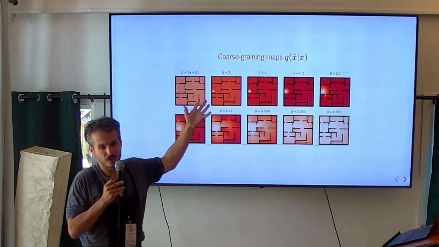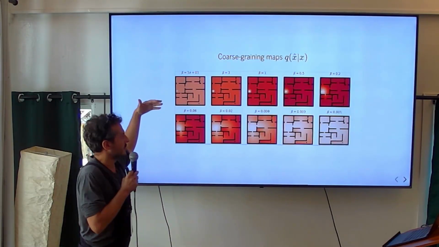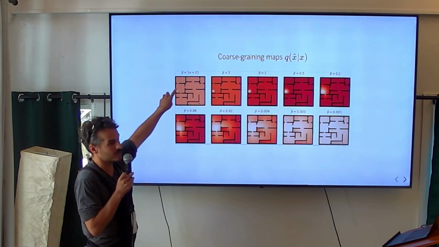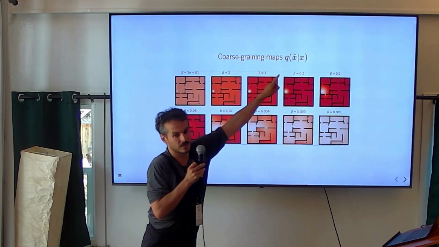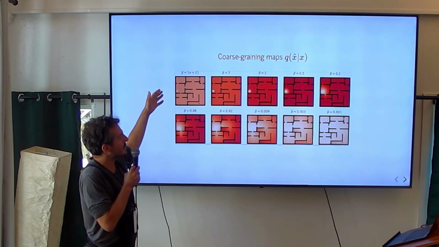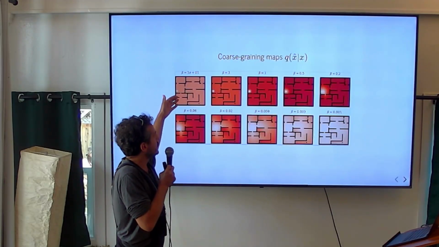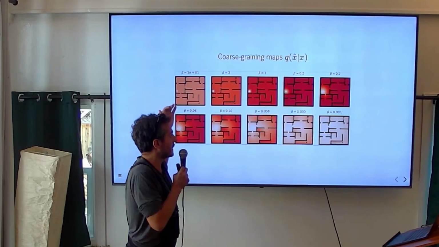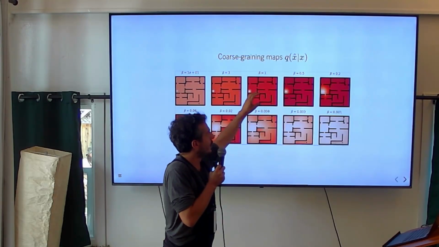This is computed using Blahut-Arimoto, the standard algorithm for rate distortion. So let's say this is the starting location. This is the conditioning x. And we see that as beta drops, so as we care less and less about prediction, so to speak, we start to blur the location.